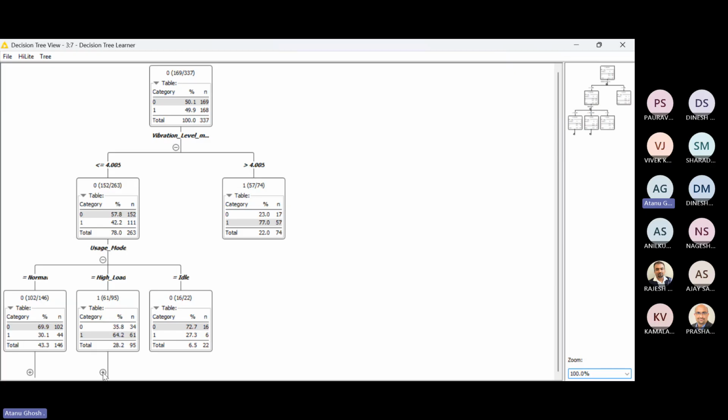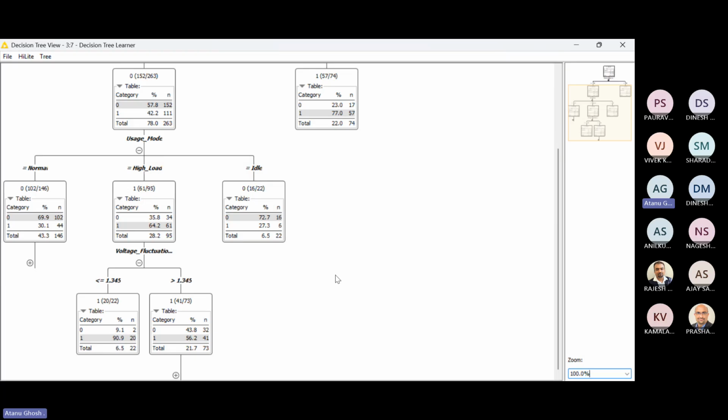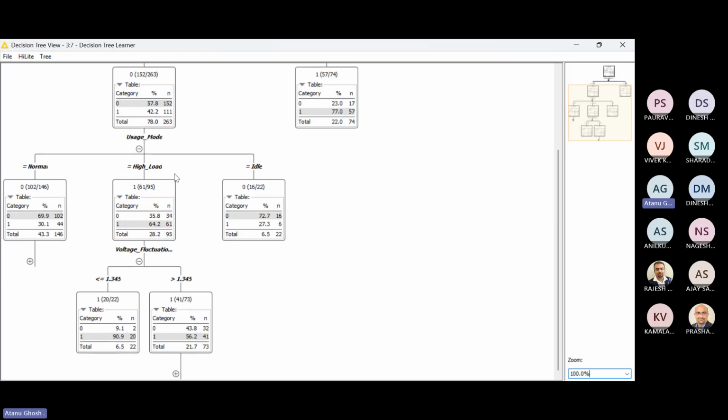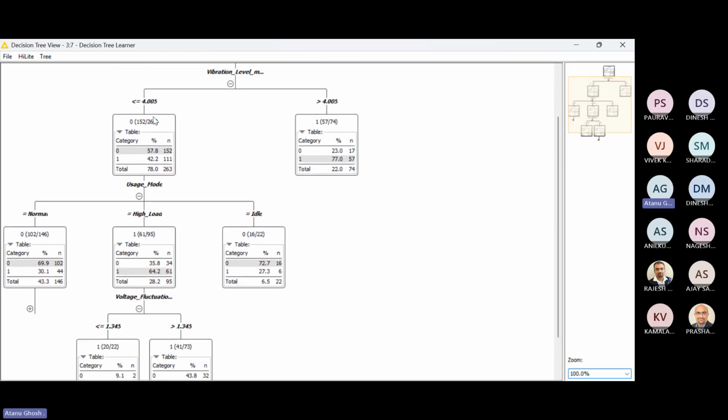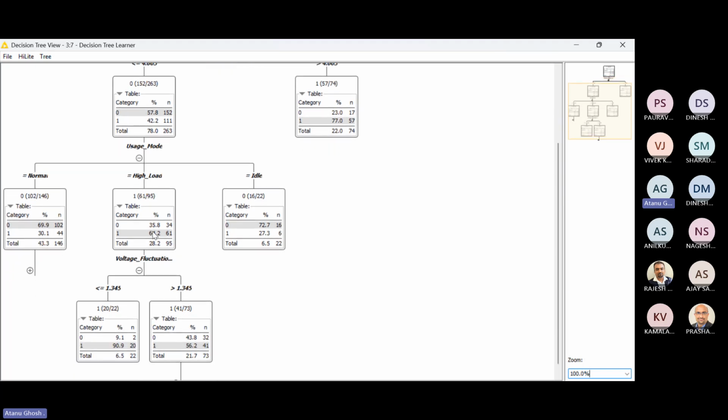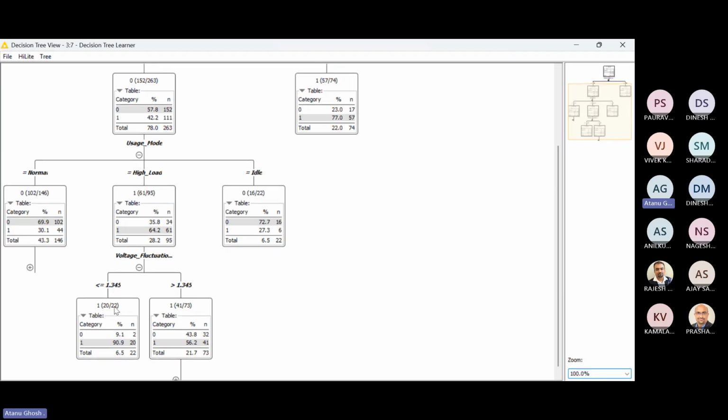And the model says I can give you more confidence and say that if the vibration level is less than 4.005, the load is high and the voltage fluctuation is less than 1.345, then there's a 90% probability the machine is going to fail. And probably at this point, you are satisfied that, yes, now I can say that there is a high chance the machine is going to fail. Let me stop the machine. Up to this part clear?